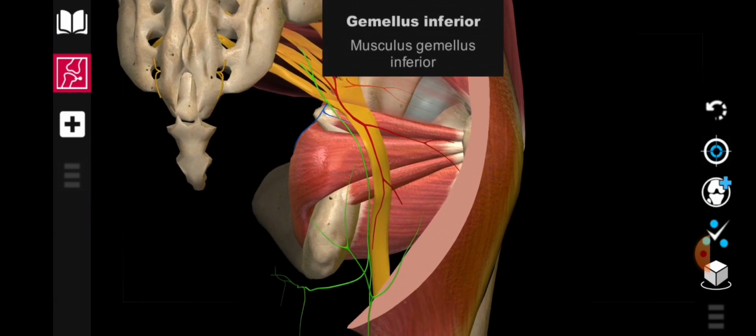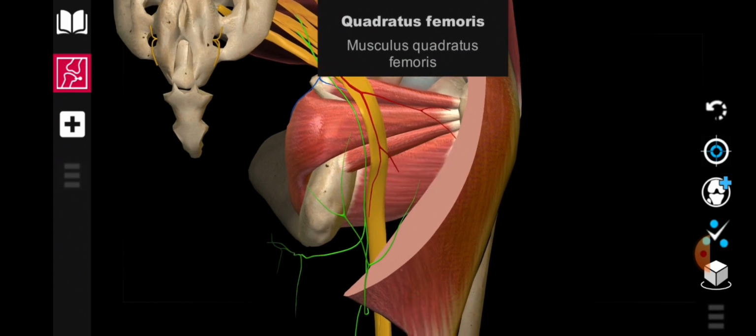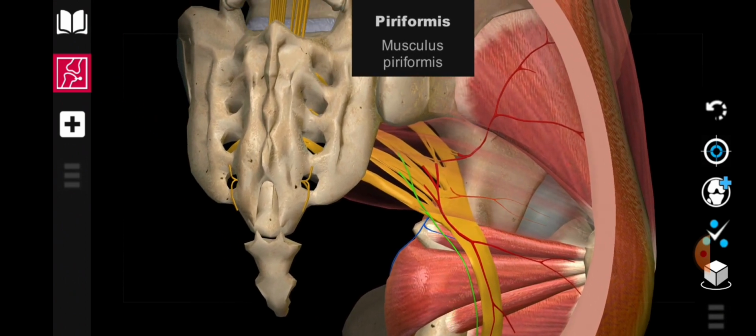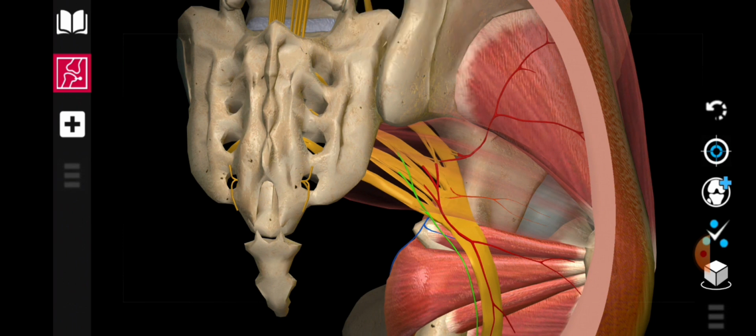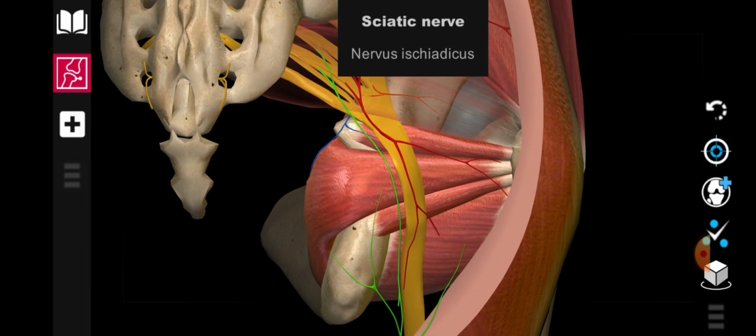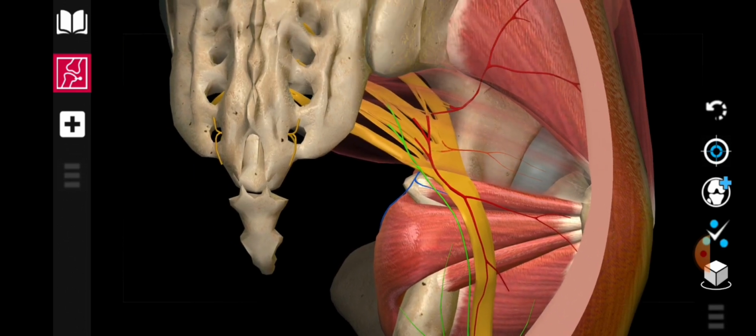Below is the gemellus inferior, and this is the quadratus femoris muscle. Now you can see that the piriformis is present posterior to this sacral plexus, and just below you can observe the sciatic nerve.